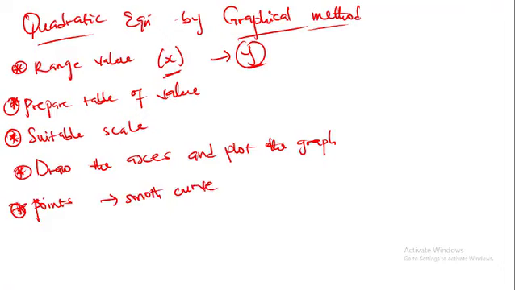Now I want you to note that the root of the equation is at the point where the curve cuts the x-axis. Assuming we have something like this, this is our x-axis and this is our y-axis, and we have a curve.